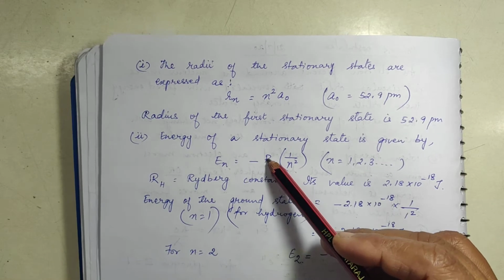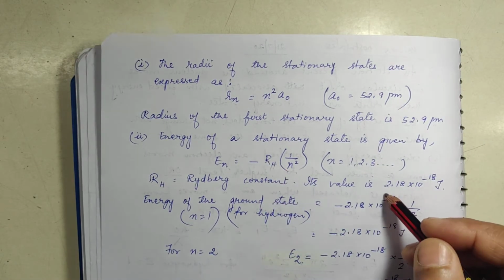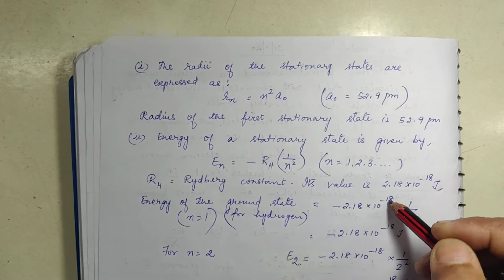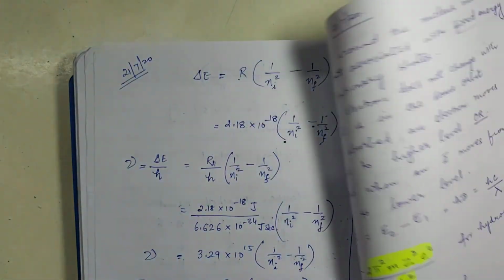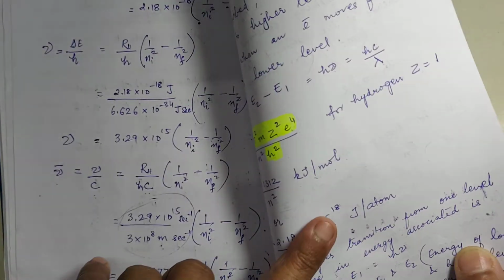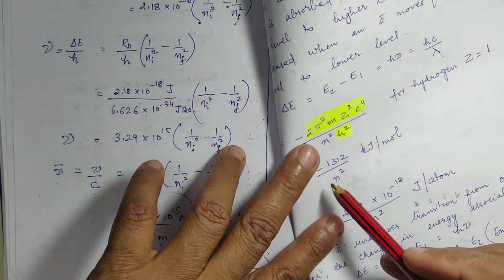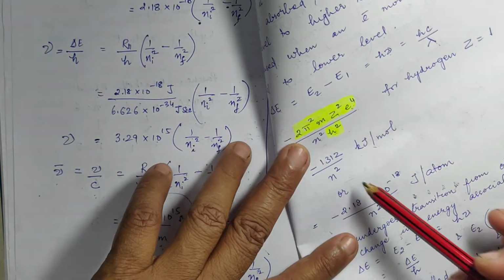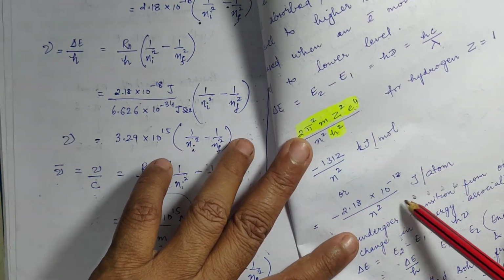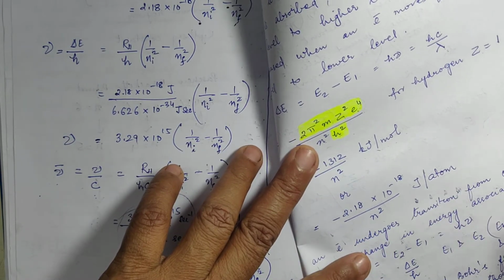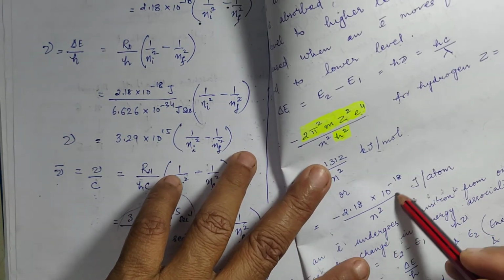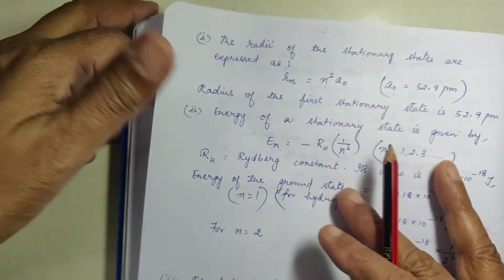And R is called as Rydberg constant. And what is the value of Rydberg constant? It is 2.18 into 10 power minus 18, which we saw here. In the previous page we saw this minus 1312, when you convert kilojoule per mole to joules per atom, you will get this value. So this value is called as Rydberg constant.